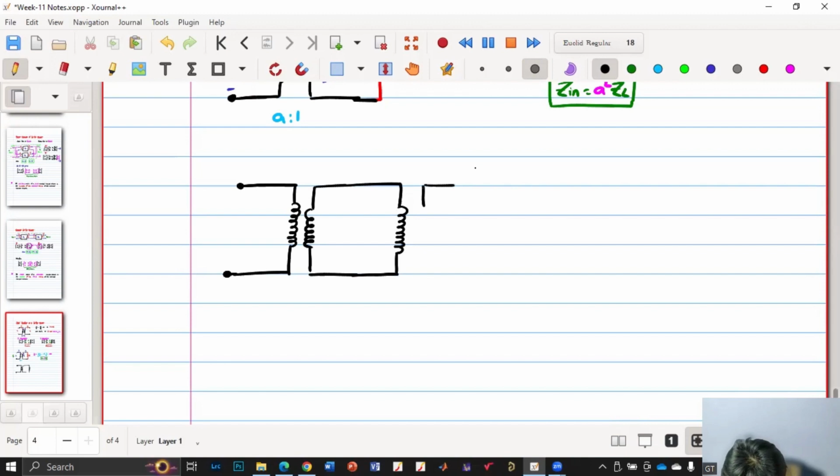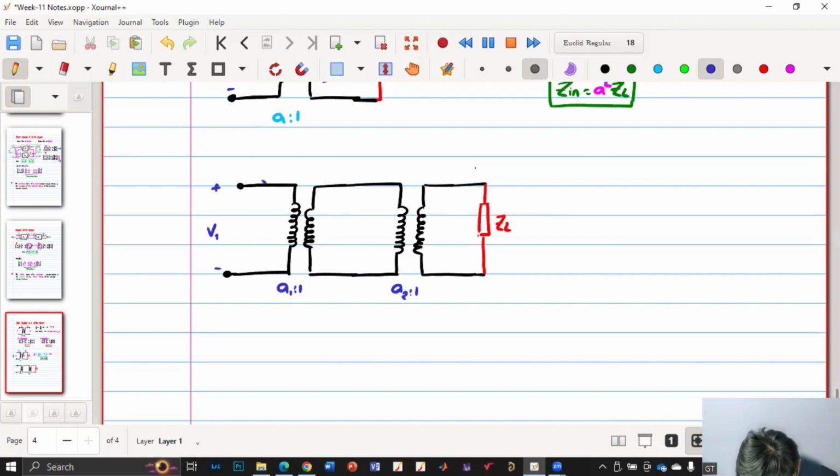They are basically connected in a cascaded setup. And here we have load impedance ZL. So now basically, say this is A1 is to 1 and this is A2 is to 1. Say this is plus minus V1, I1, I2, V2, V1 dash, and say this is I1 dash, and this is I2 dash, plus minus V2 dash.